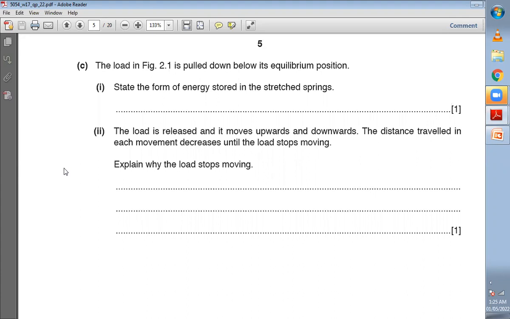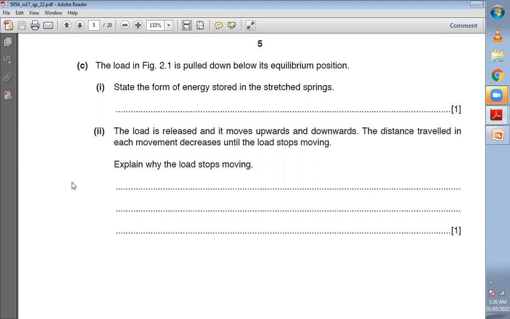So the work you do against that restoring force is stored in the spring in the form of elastic potential energy. So here you have to only state the form of energy. You don't have to give this whole explanation. I'm just trying to explain to you. But in the answer, you only have to state elastic potential energy. That's the answer.